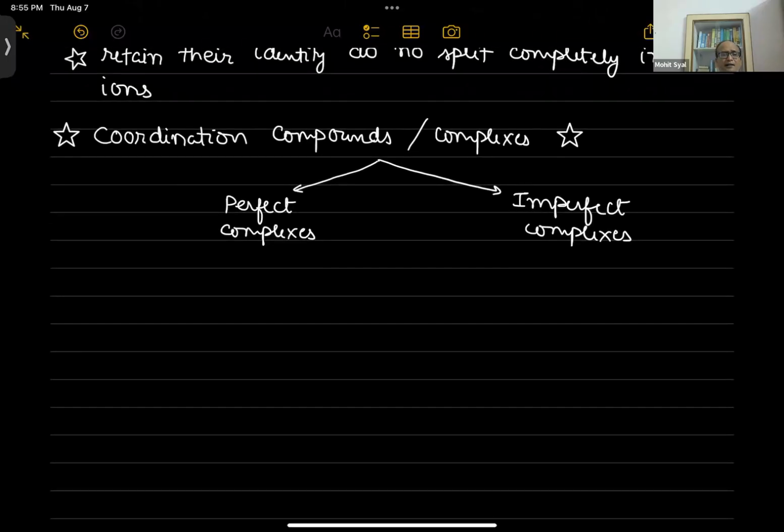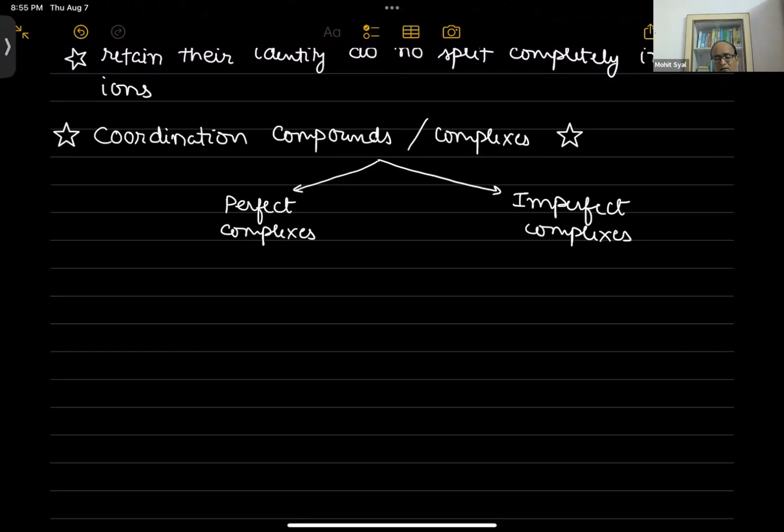That depends on this: though we have said overall that they do not break into their constituent ions, if we look at them closely, there are some which may slightly break into their constituent ions, while there are others which do not break at all, which are very stable.